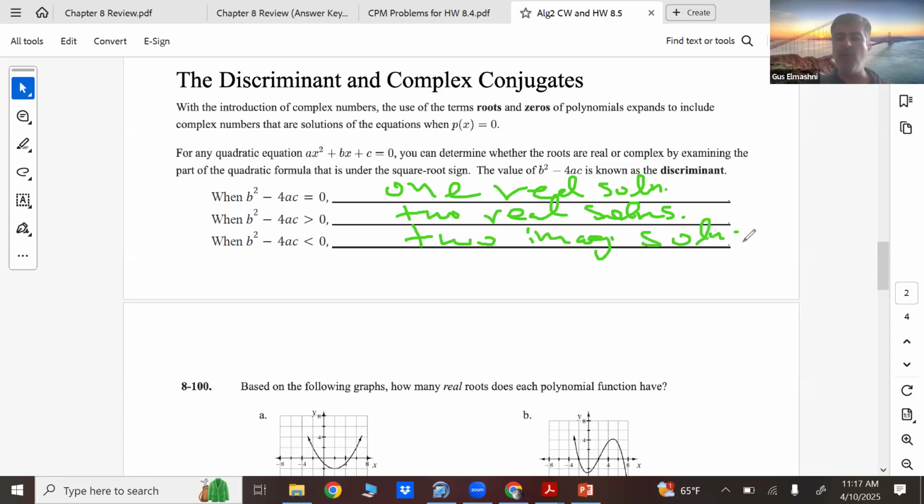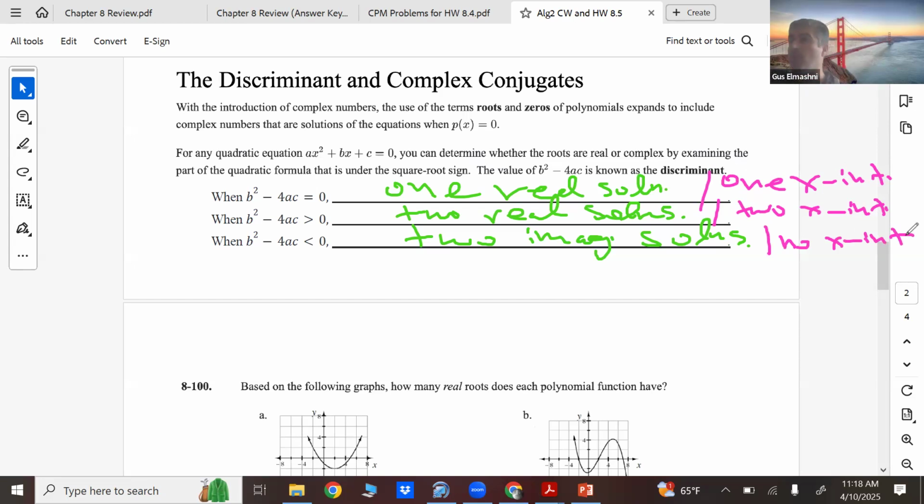So it plays a key role in also determining the x-intercepts. So I'm going to do a little slash here for each of these, so you understand graphically what's happening. One x-intercept, two x-intercepts, and no x-intercepts. That's an algebraic graphical connection.